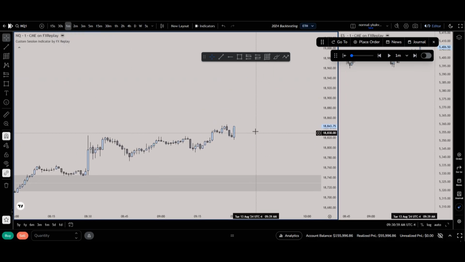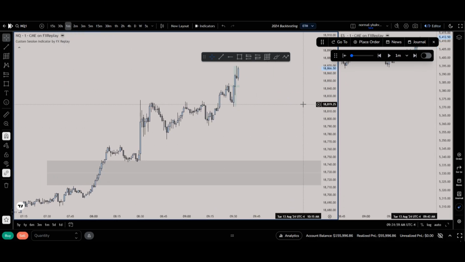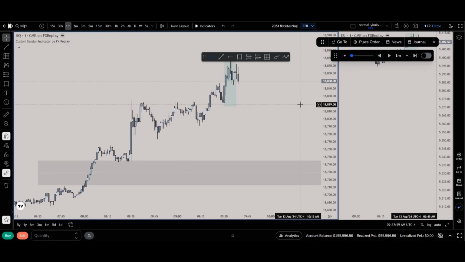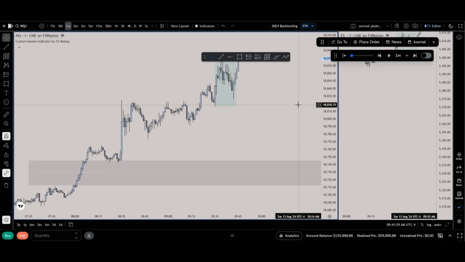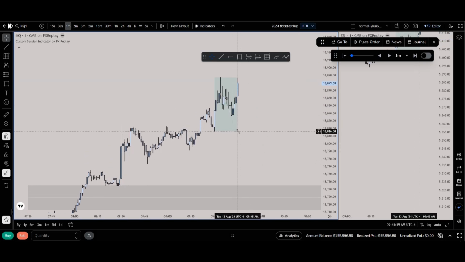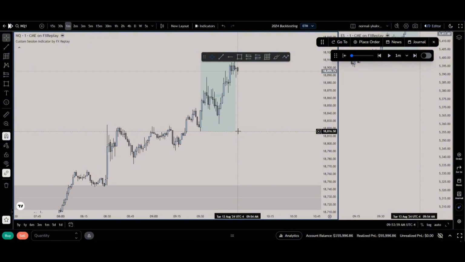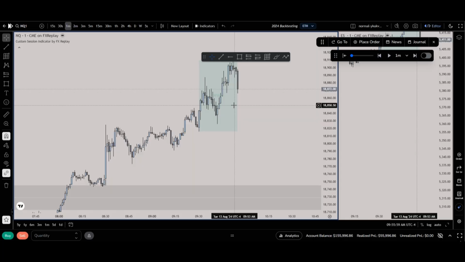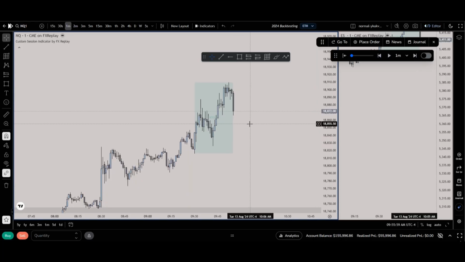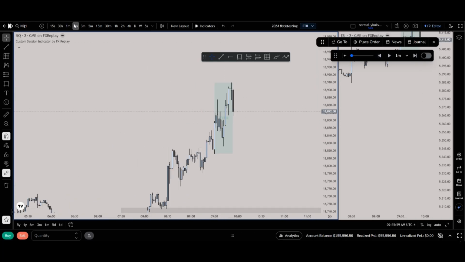Again, today doesn't really look that good either. 9:45 opens higher, going higher again, lower now. We're inversing things.